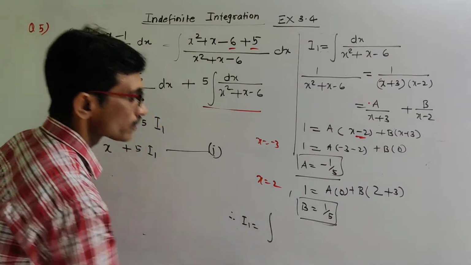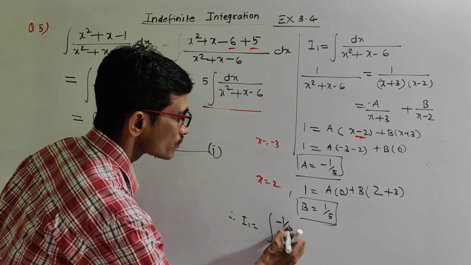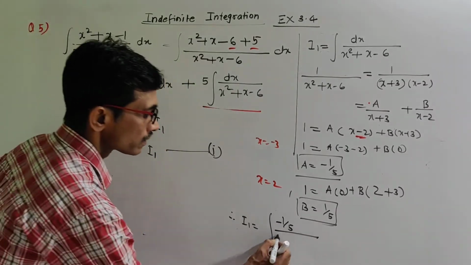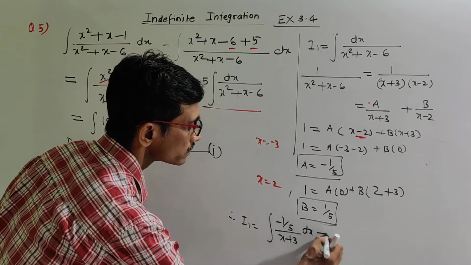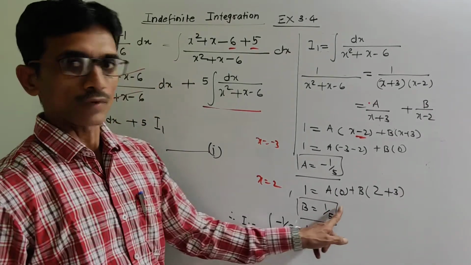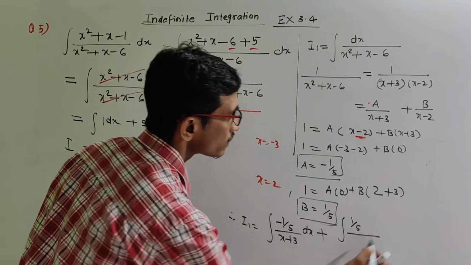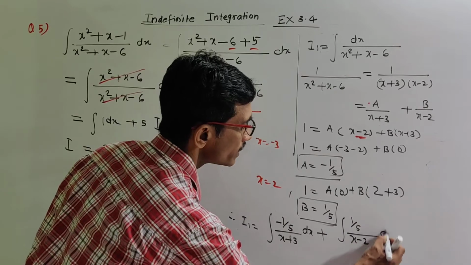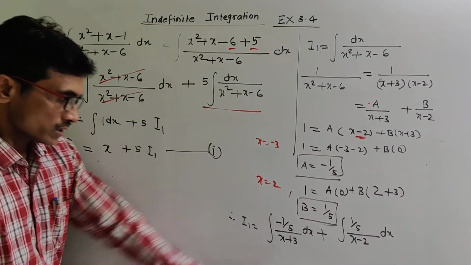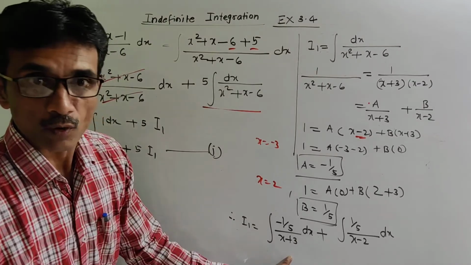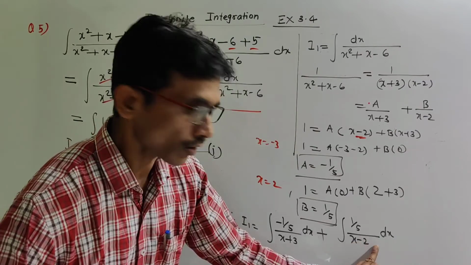So integration of a is minus 1 upon 5 upon x plus 3 dx, and b is 1 by 5 upon x minus 2 dx. Now this we can easily evaluate: integral dx upon x plus a, and dx upon x minus a, log of x plus a and log of x minus a.